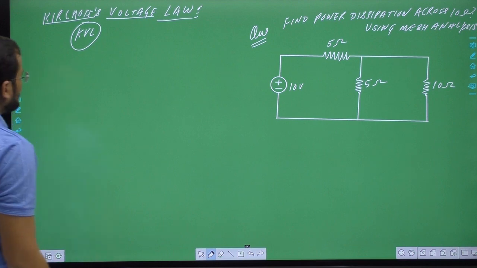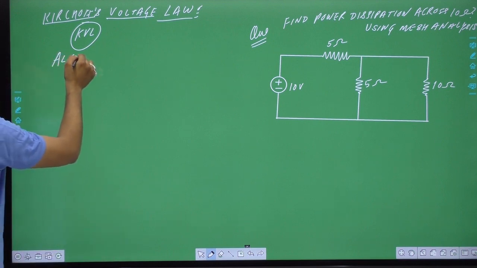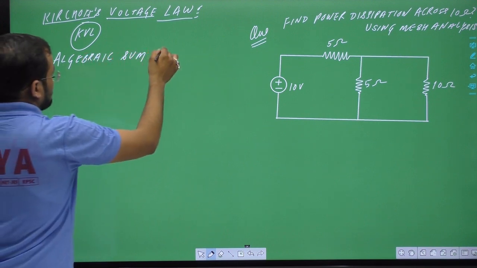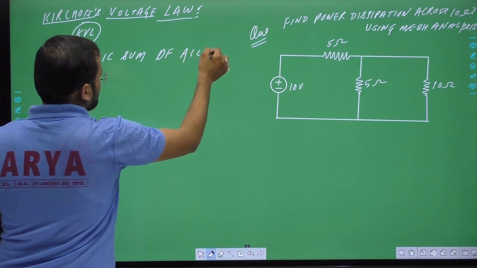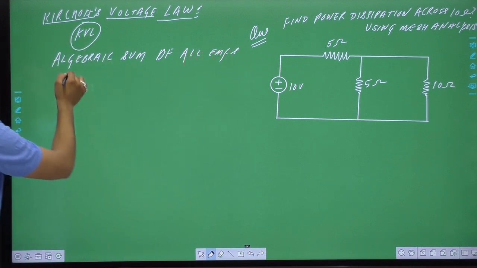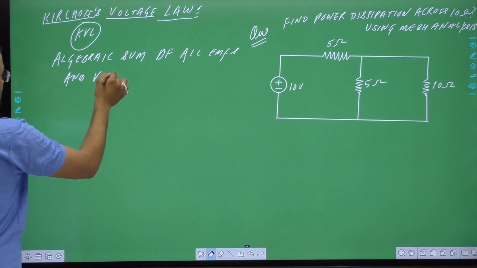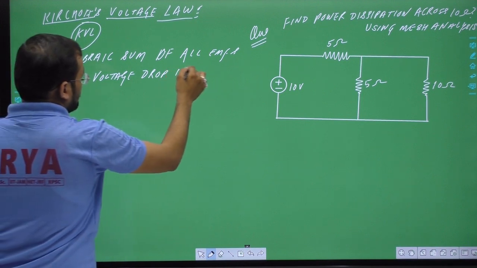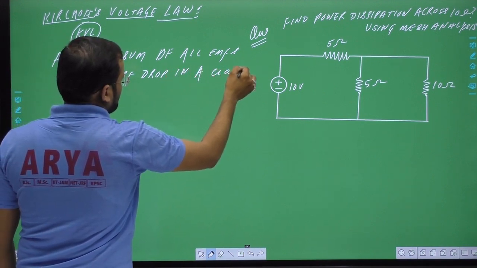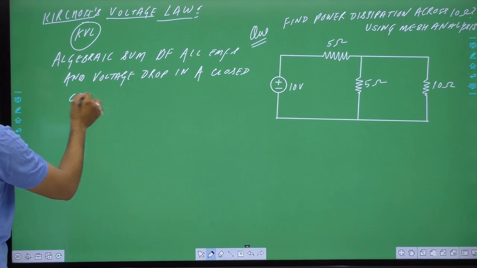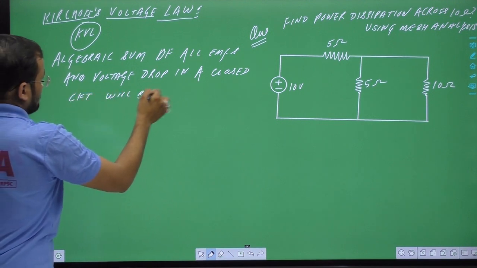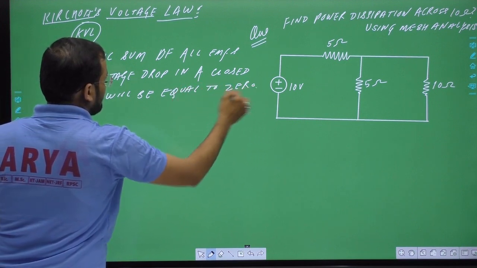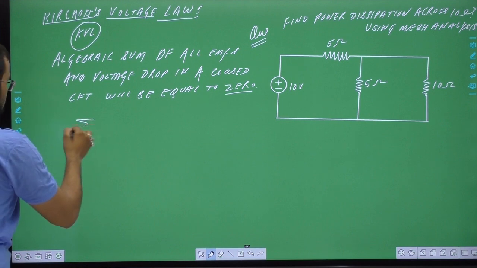KVL tells us the algebraic sum of all EMFs and voltage drops in a closed circuit will be equal to 0.